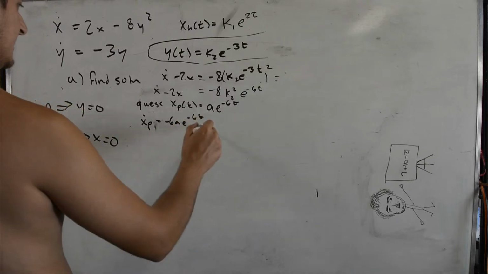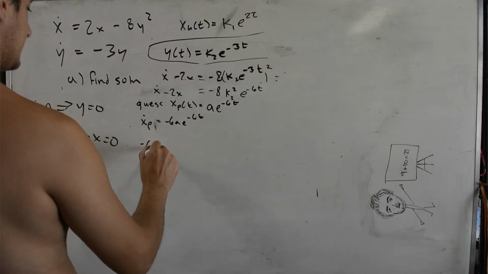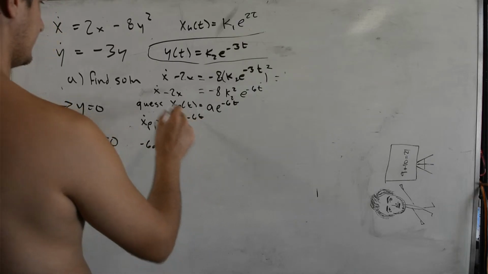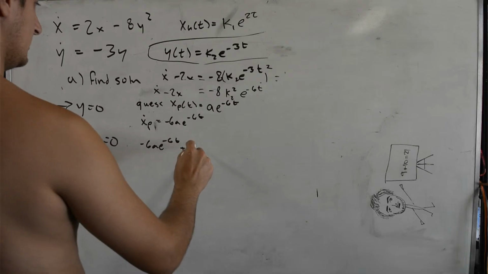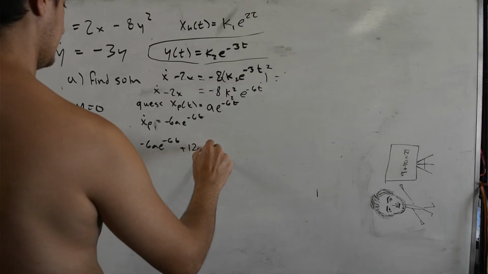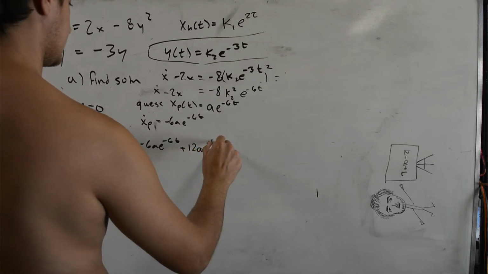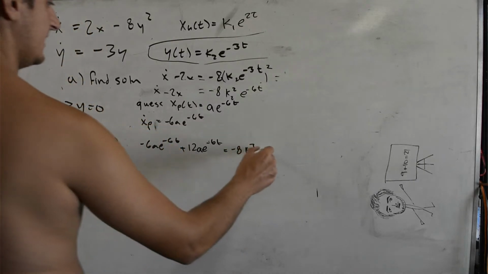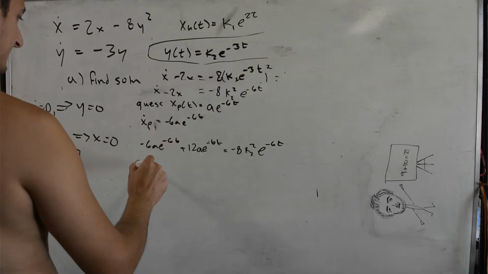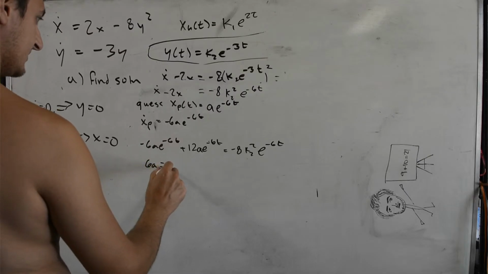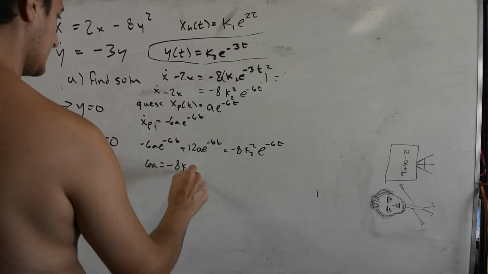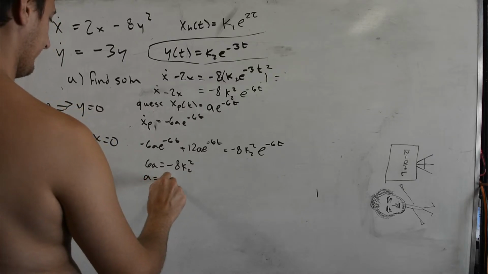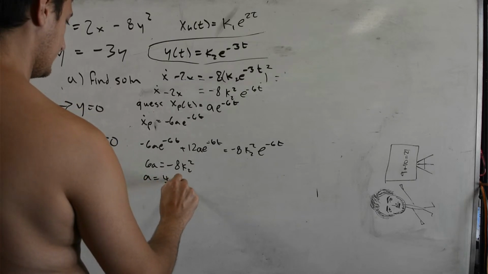So then we get minus 6a e to the minus 6t plus, this is going to be 2, this is going to be 12a e to the minus 6t is equal to minus 8 k2 squared e to the minus 6t. All right, so we get 6a is equal to minus 8 k2 squared. So then we should get a is equal to 4/3 k2 squared.